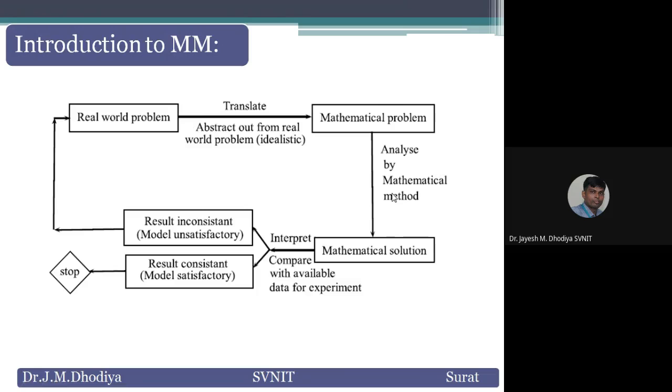We have to consider both parts. Maximum number of times, you can say 90%, when you formulate the mathematical model, the problem is in the formulation, in how you convert the problem into the form of mathematics. Okay, so within 5 to 10 minutes we try to understand the basic terms.